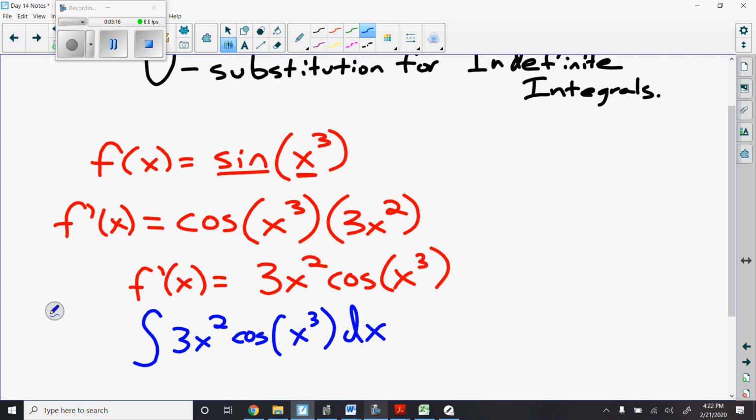But when I look at this question, since I just asked you about the derivative of sine of x cubed, hopefully you can say, okay, if f of x is sine of x cubed, f prime is 3x squared cosine of x cubed. That must mean the antiderivative of 3x squared cosine of x cubed is sine of x cubed. If I do the integral of f prime, it should give me f.